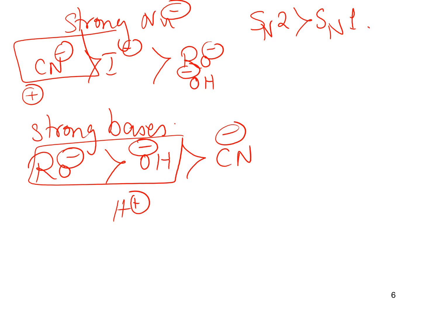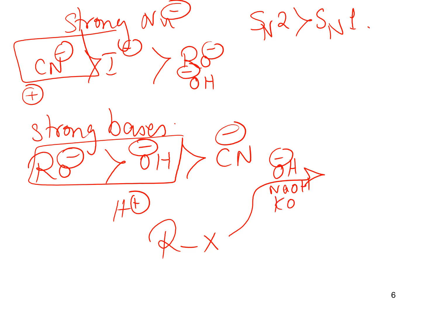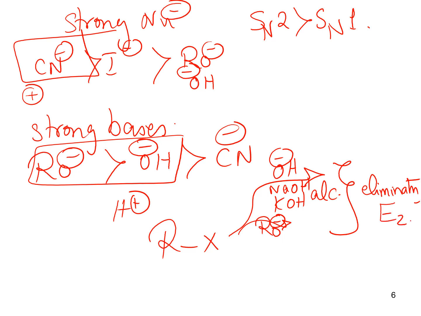the different possibilities that will face us whenever we are reacting with an alkyl halide. If you have an alkyl halide and you react it with a hydroxide, for example, sodium hydroxide or potassium hydroxide, in alcoholic medium, they have to be alcoholic sodium hydroxide or potassium hydroxide, or if you react them with alkoxides, you will always think of the elimination reaction, no matter what the type of alkyl halide is, and it will be an E2 mechanism.